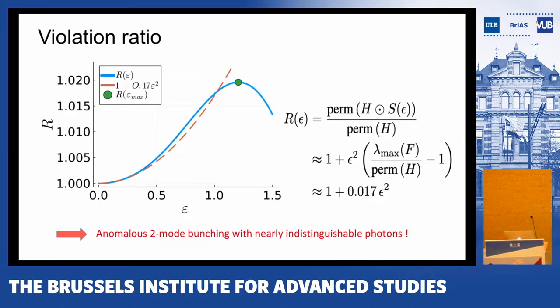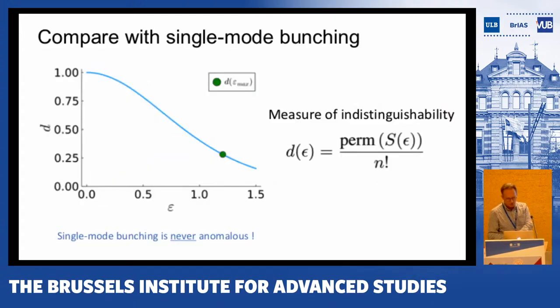This point here would be ideal bosons, perfectly indistinguishable. And you see that by perturbing it slightly, we may increase the probability of bunching locally this time. We have photons which are almost indistinguishable. So it can go up, and at some point it goes down again. And we have indeed a positive coefficient here in front of the epsilon square term.